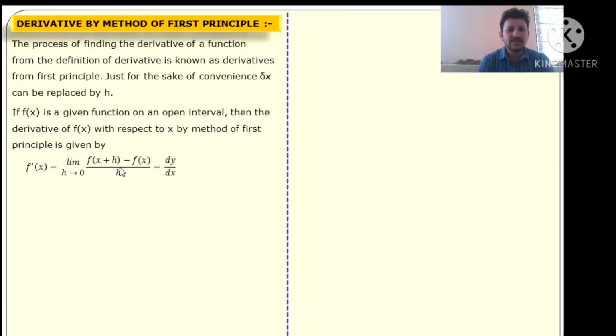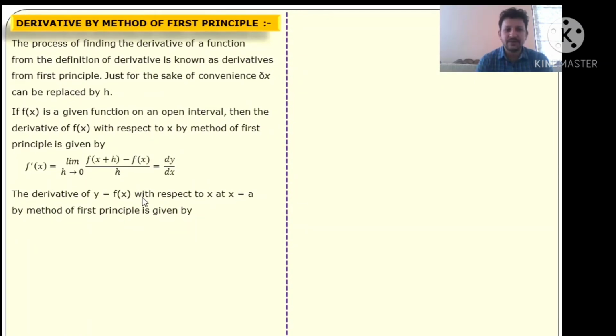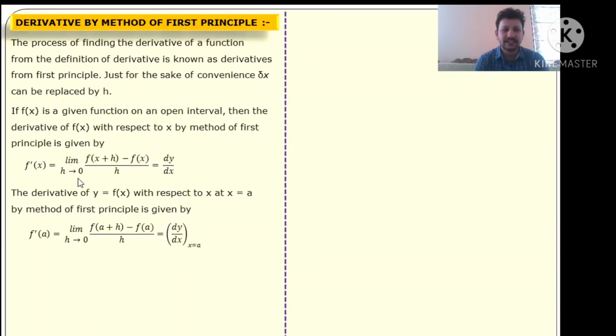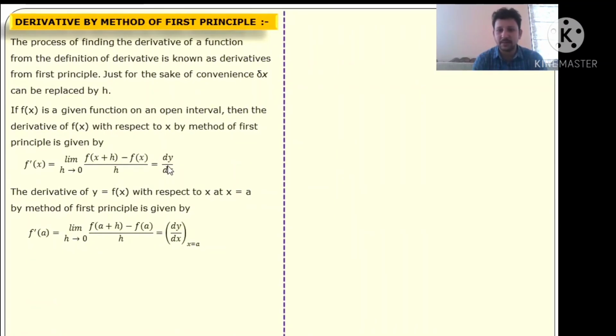This is called the first principle. The derivative by first principle at a particular point x equal to a, that is, x value is replaced by a particular point a, f dash of a is obtained as limit h tends to 0 of f of a plus h minus f of a divided by h. That is the answer of dy upon dx at x equal to a.